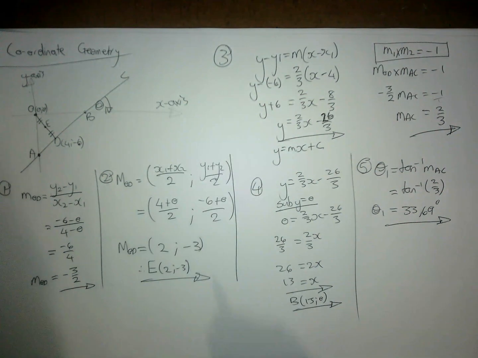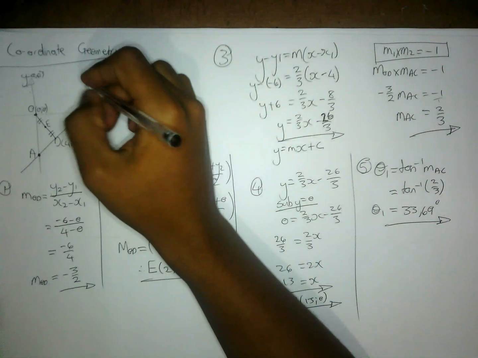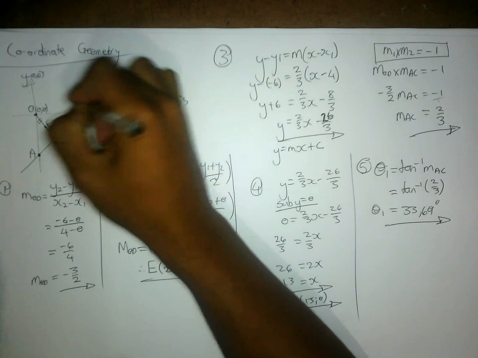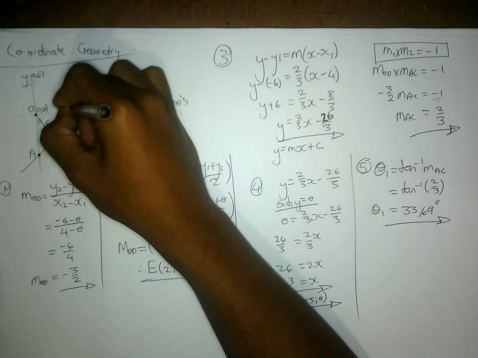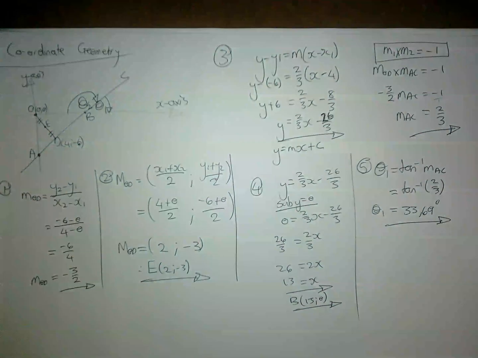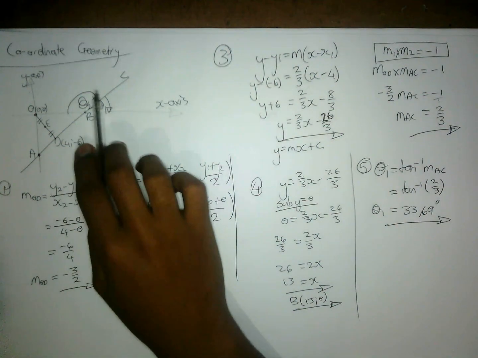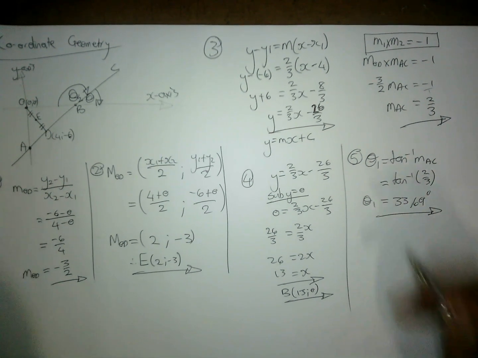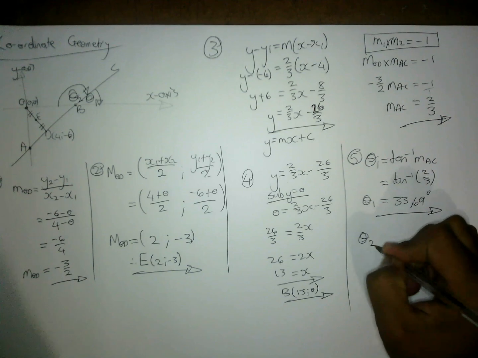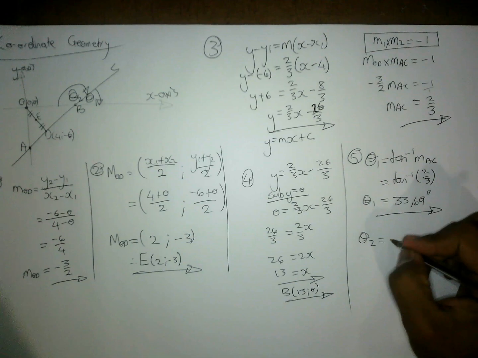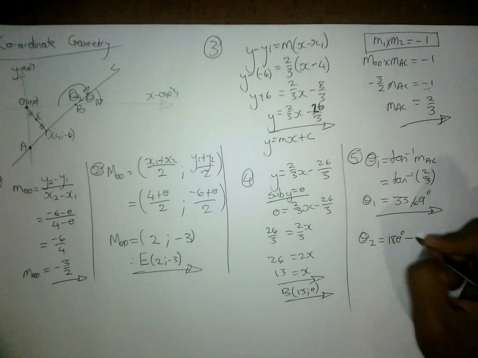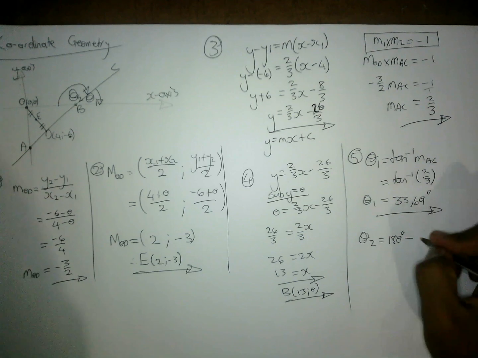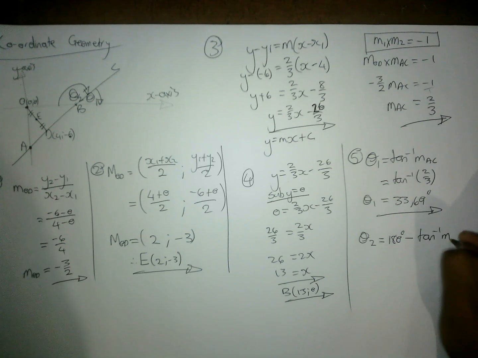Now, just for you to know, if they ask for the angle of inclination for this obtuse angle over here, just name this number 2. For this angle over here, they ask you for this. What you do is, you say theta 2 equals 180 degrees minus tan inverse of m AC.